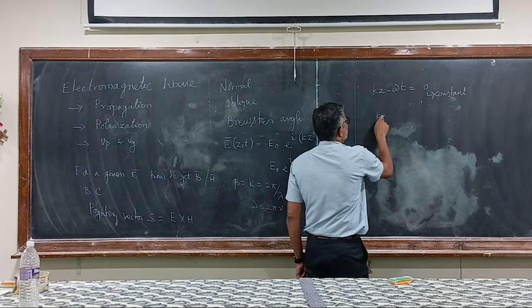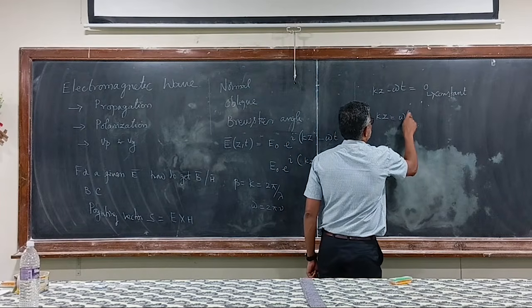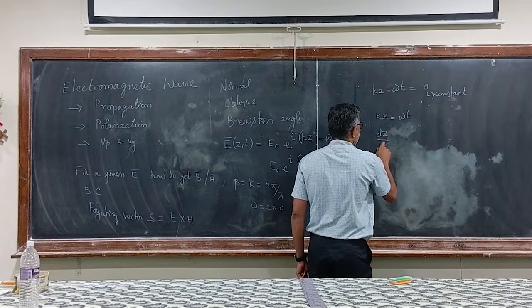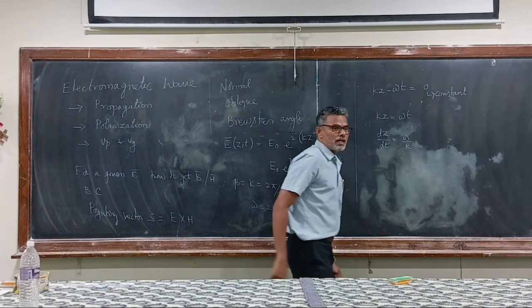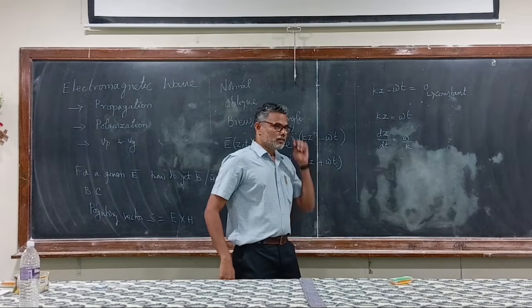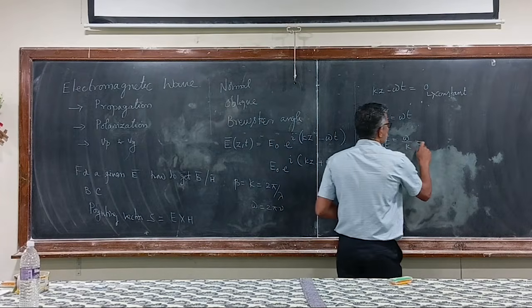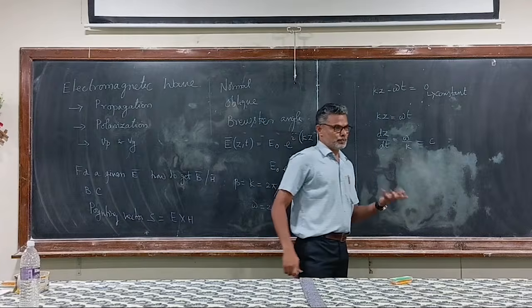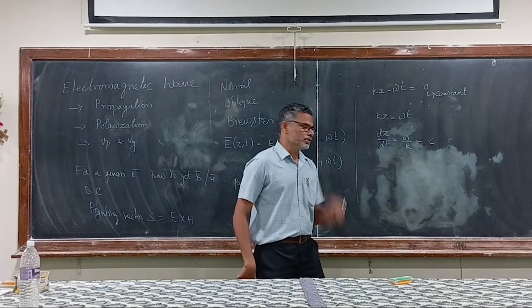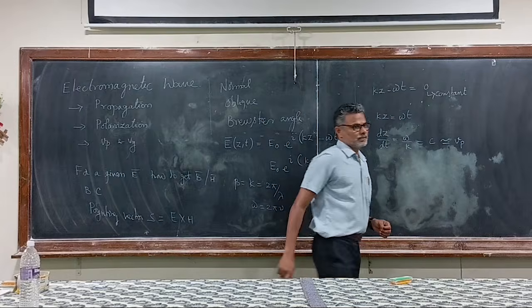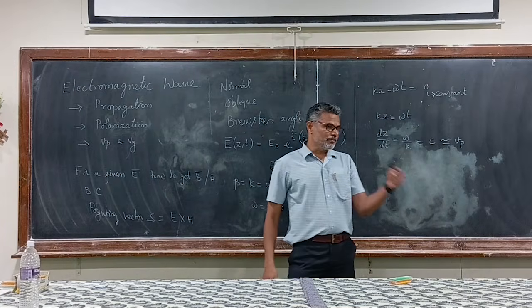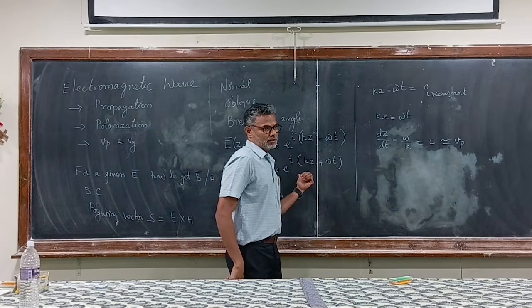Now kz becomes omega t, and if I do dz by dt, what I get is omega by k. The omega by k is the phase velocity, in free space or in a medium. So the velocity of the wave comes out of this.